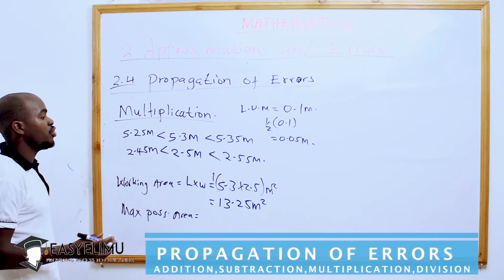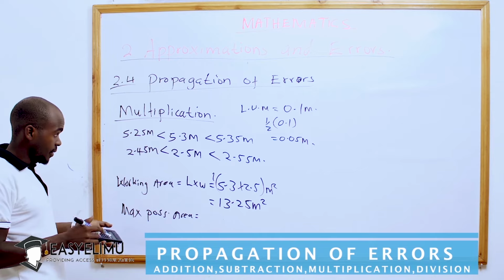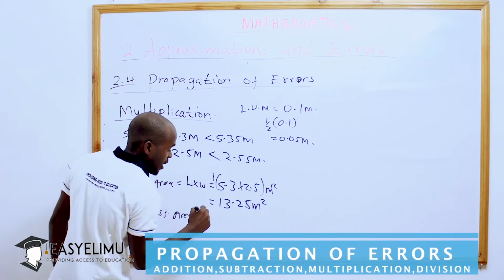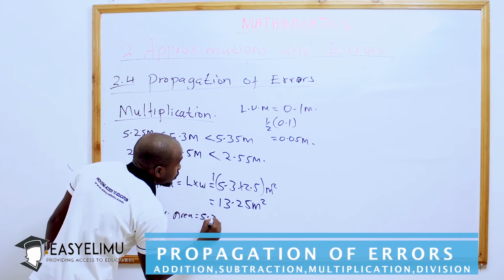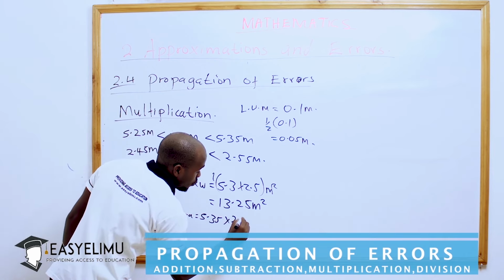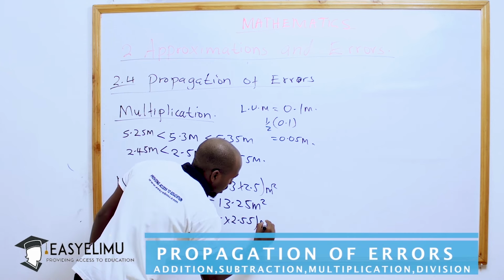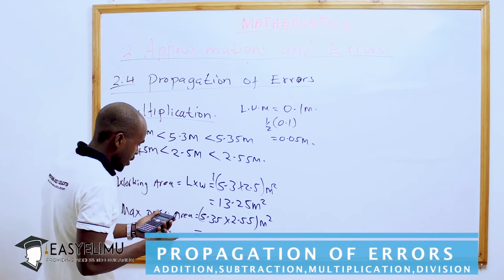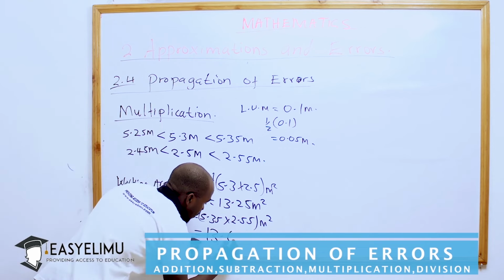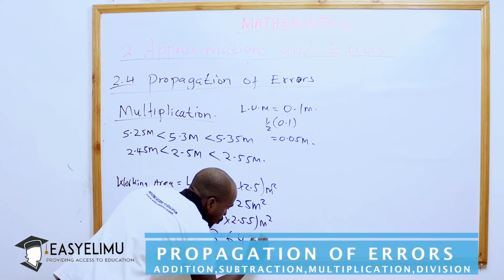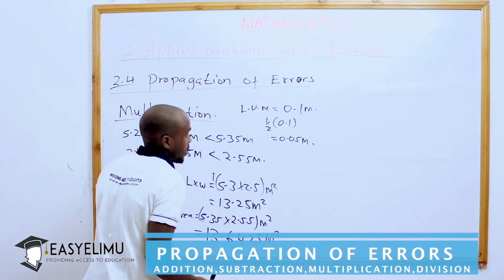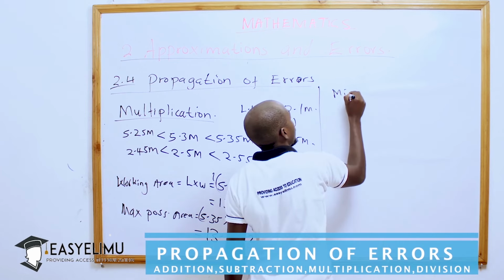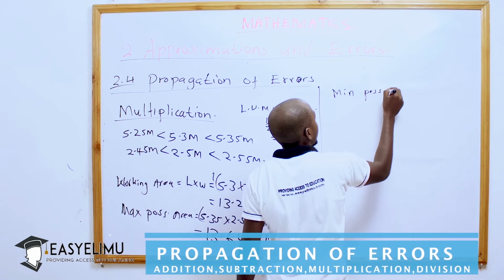So the maximum possible area, we are going to get by only multiplying the upper limits, which is 5.35 multiplied by 2.55, that is meter squared. So this one is going to give us 13.6425 square meter.